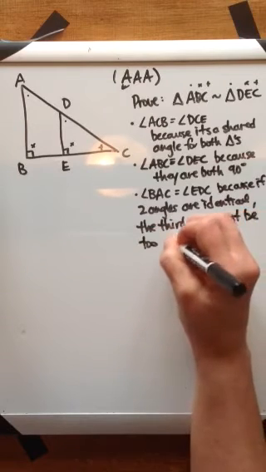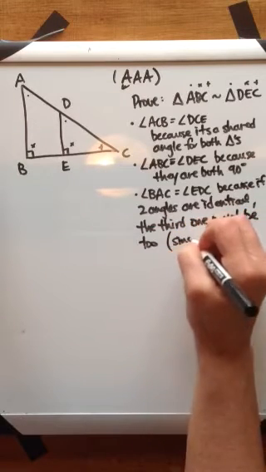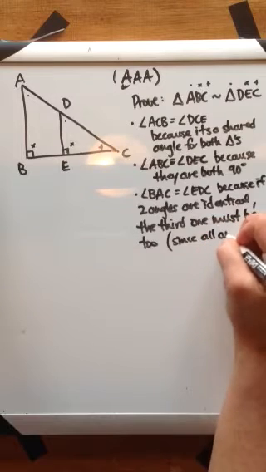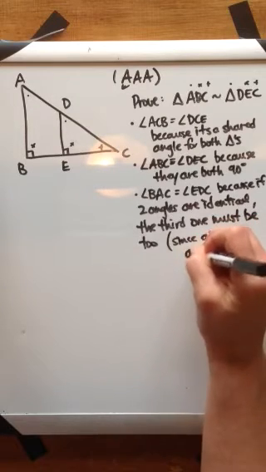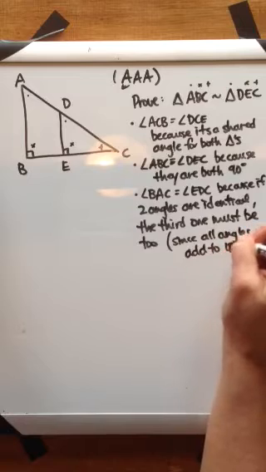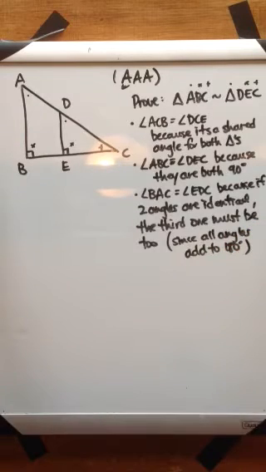And you don't have to necessarily write this, but I'll put here, since all angles add to 180 degrees. And if you know two of them, the third one must also be identical.